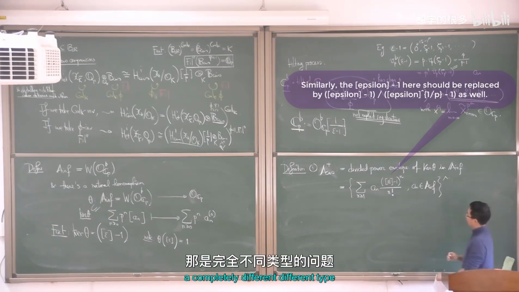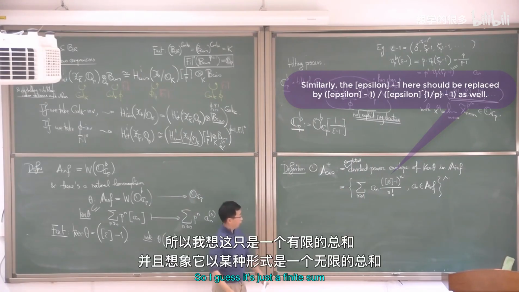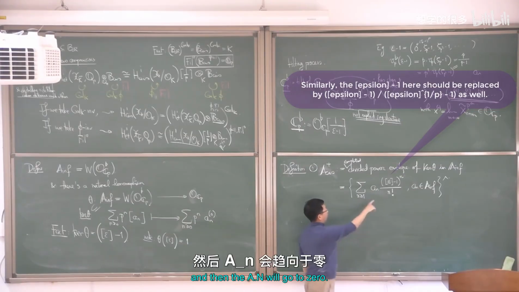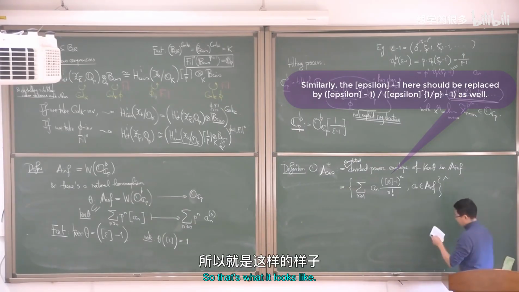Maybe I should say completed divided power. So I guess it's a finite sum and then take completion, so that somehow it's an infinite sum, and then the a_n will go to 0. Okay, so that's what it looks like.